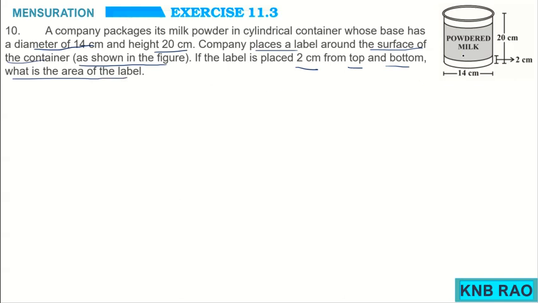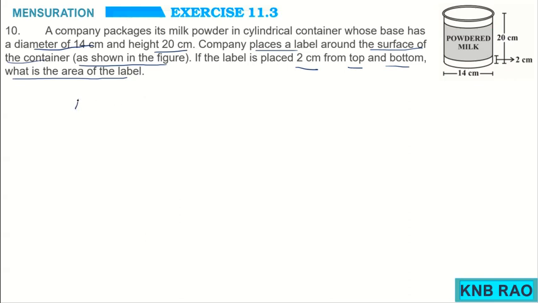See, the area of the label is also CSA because it is covering it. Okay, CSA is covered by this label, but the height of the label or width of the label is not completely 20, because top 2 centimeter is removed, bottom 2 centimeter is not pasted. Put together, 20 minus 4 gives 16 centimeter.